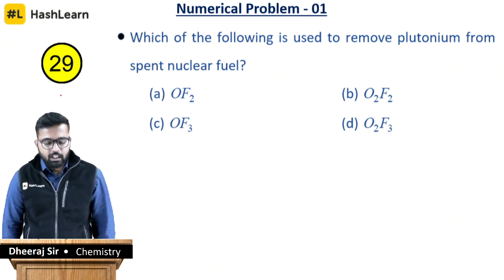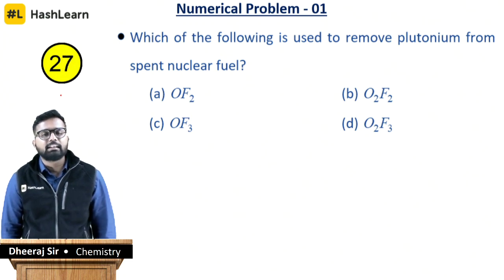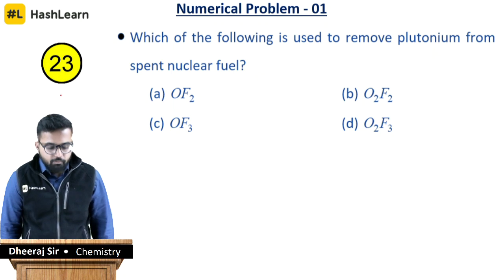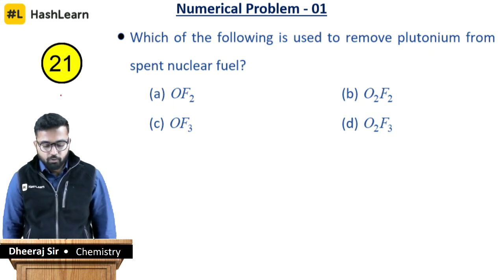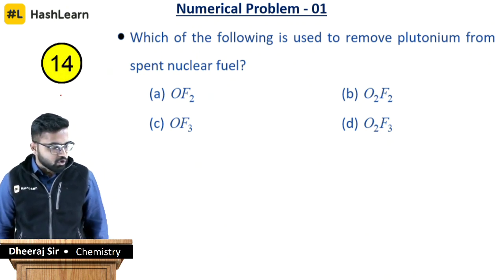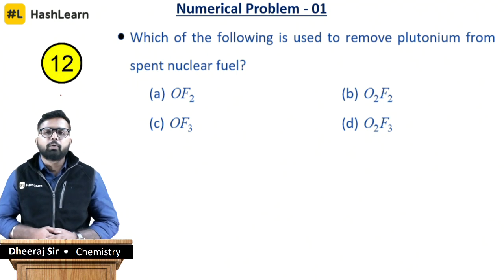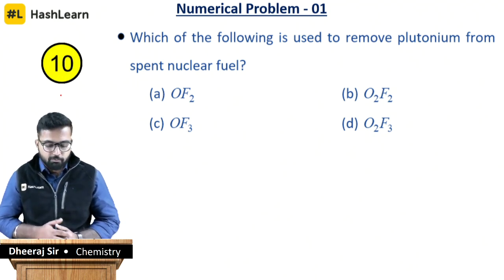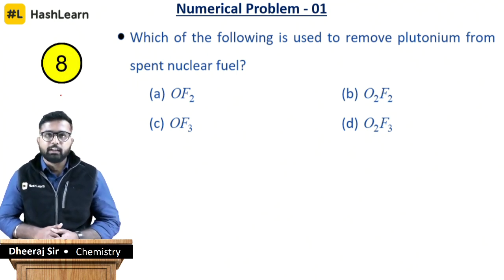Once the reactor's fuel is completely spent, that its energy is completely utilized, how will I remove plutonium? You have OF2, oxygen difluoride, O2F2, that is dioxygen difluoride, OF3 and O2F3. Which of the compounds can be used to remove or extract plutonium from spent nuclear fuel is the question.